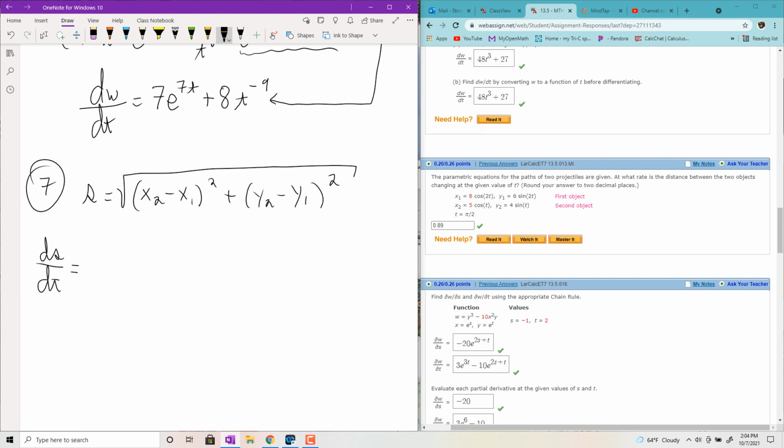This thing from the chain rule, you have to go through and take the derivatives with respect to the 4 variables, x1, x2, y2, y1.